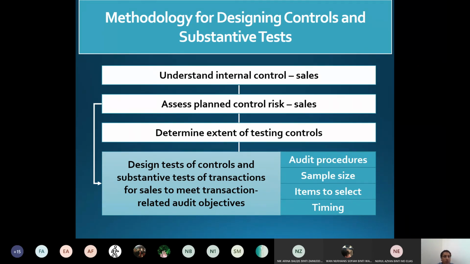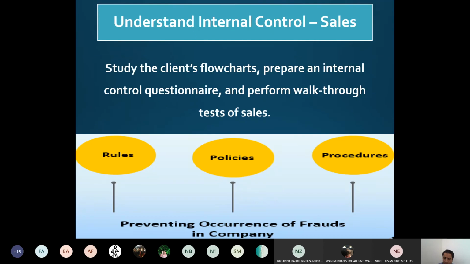It is meaningless to waste the time and extend the test of control, because the result will be the same. So instead of extending the test of control, just go direct to design the test of control and substantive test of transactions. And normally we will have more tests of transactions.